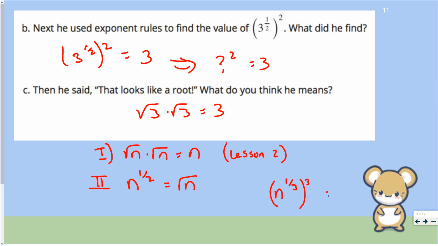What would that be? Well, that would be n, right? So something to the 3rd power is going to be n. Well, that's the definition of a cube root. So rule number 3. We're going to extend this rule, and say that n to the 1/3 power is equal to the cube root of n.